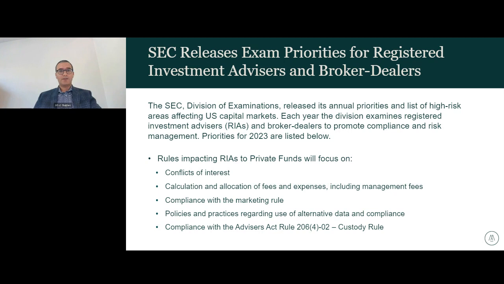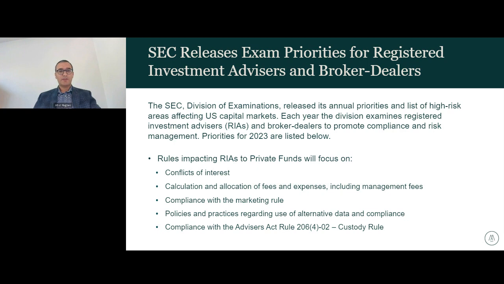All right, the first item on the agenda: the exam priorities released by the SEC. Exam priorities to focus on this year will be conflict of interest, calculation and allocation of fees and expenses, including management fees, compliance with the marketing rule, policies and practices regarding use of alternative data, and compliance with the Advisers Act custody rule.